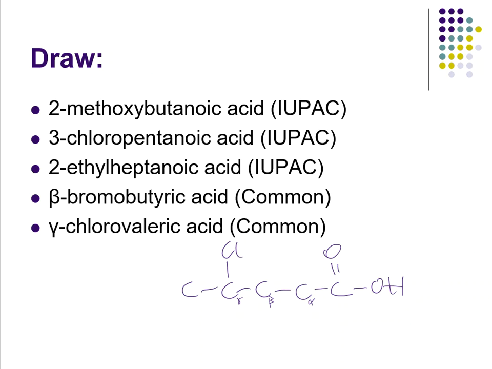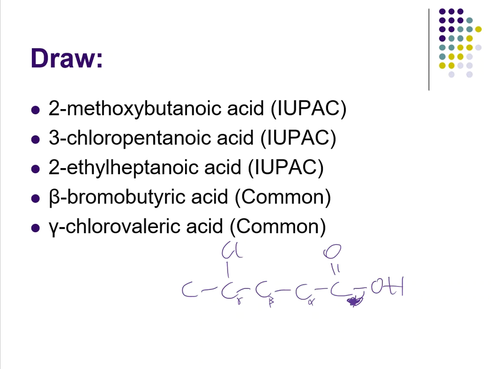But the key problem that people have is that they want to put the alpha here because that's the first carbon. And that is not what you do. Do not start alpha there. I say it because it happens every single time in every single class in every single semester. You have to not put a Greek letter at the carbonyl. You do count it in the longest carbon chain.